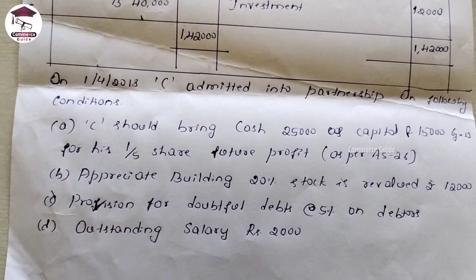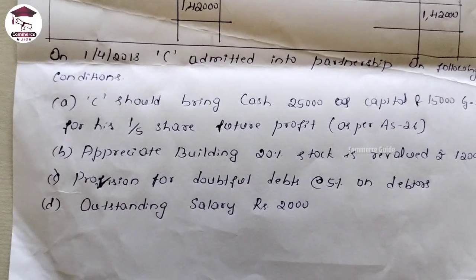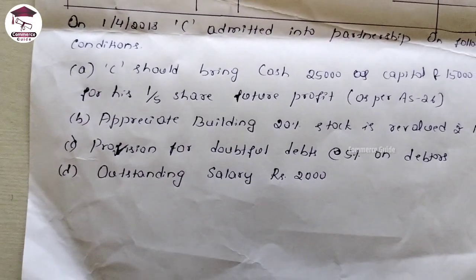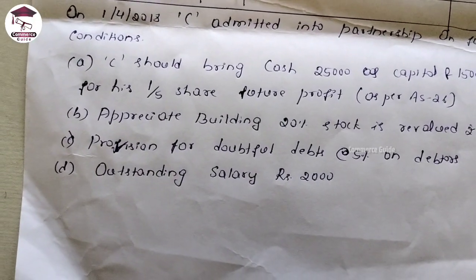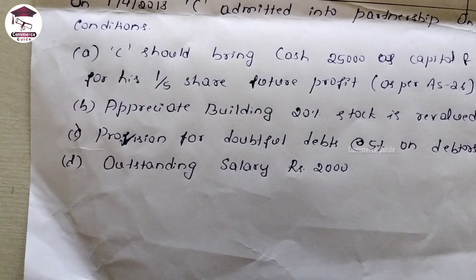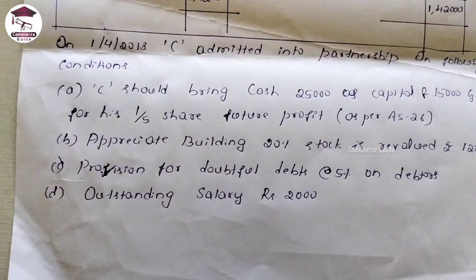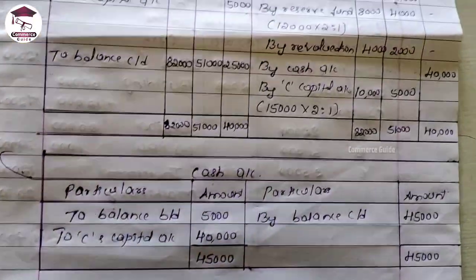For distributing goodwill, the entry is new partner's capital account debtor to old partners' capital account, that is C's capital account debtor to A's capital and B's capital. So we have to distribute the goodwill of 15,000.